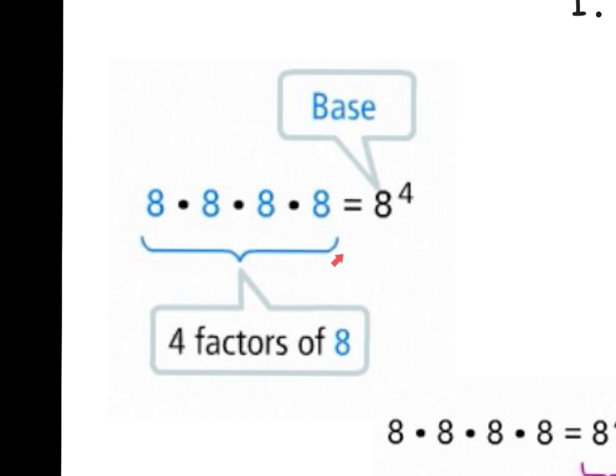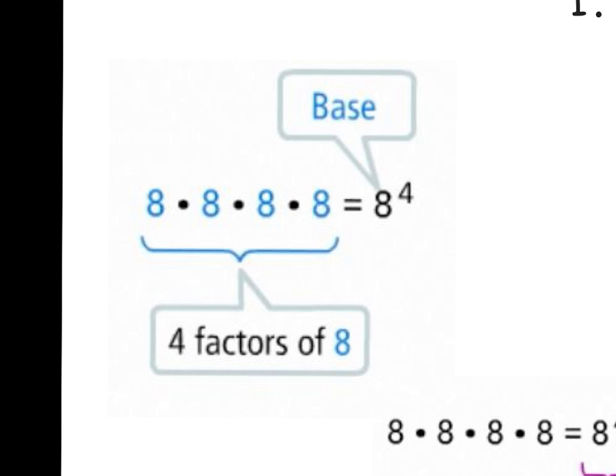That tells you how many times you're going to repeat the multiplication. So if the base is 8, I'm going to multiply it against itself 4 times. So 8 to the power of 4: 8 to the first, 8 to the second, 8 to the third, 8 to the fourth.